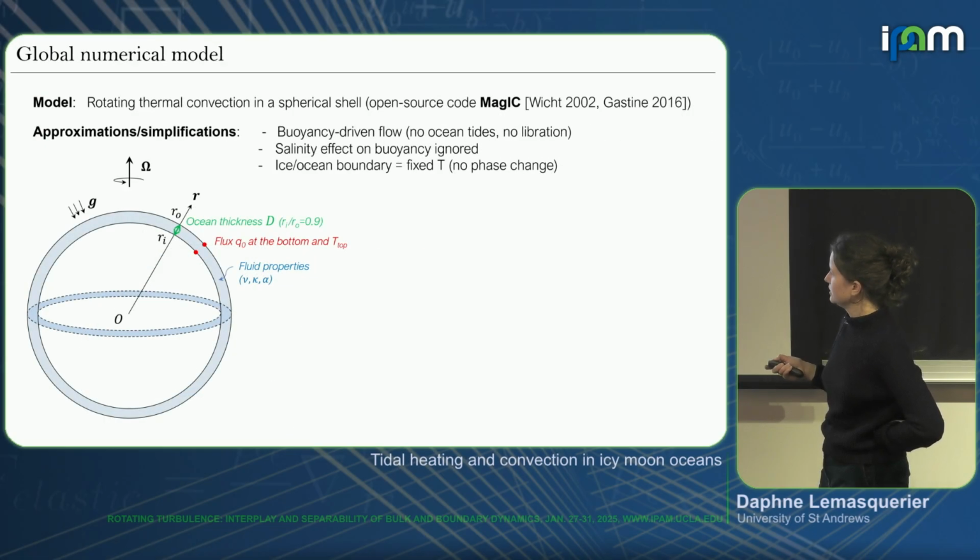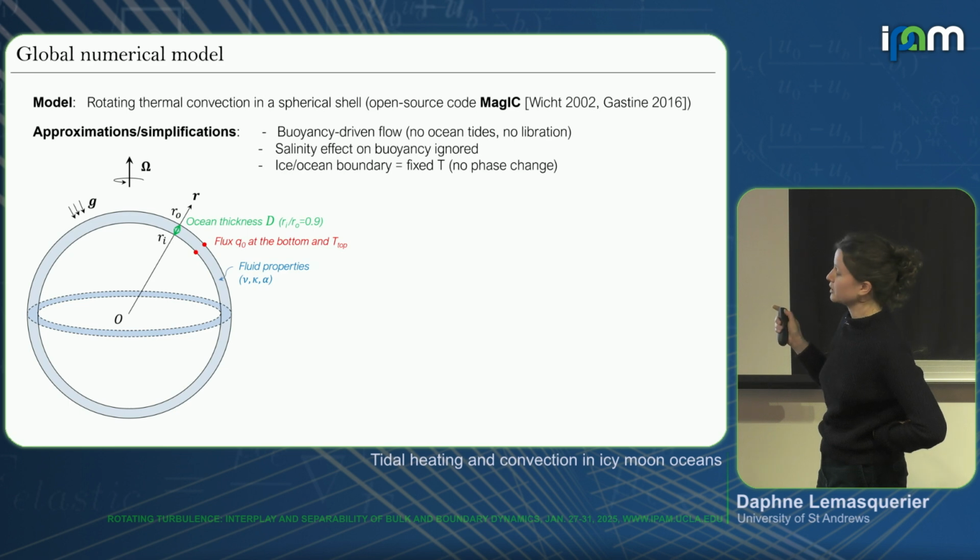We're looking at an ocean with a radius ratio of 0.9, so it's a rather thin ocean. And we impose the heat flux at the bottom and the temperature at the top. We've also considered cases where we have Dirichlet boundary conditions at both boundaries.